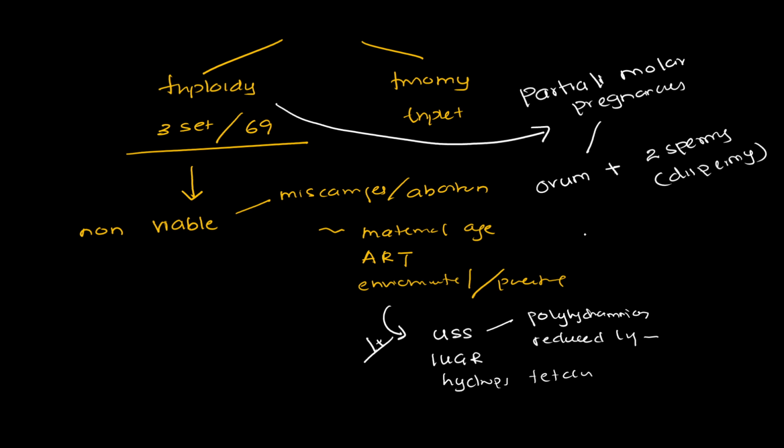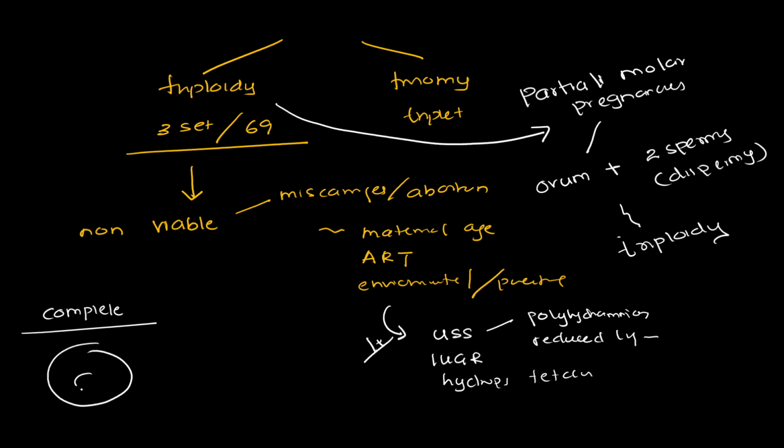But there are certain circumstances or instances where you see dispermy and seeing a triplet of a chromosome. So a triploidy. This is different to that of complete molar pregnancies. In complete molar pregnancies, you see the absence of the haploid nucleus of the ovum, but there are two sperms that are coming in.